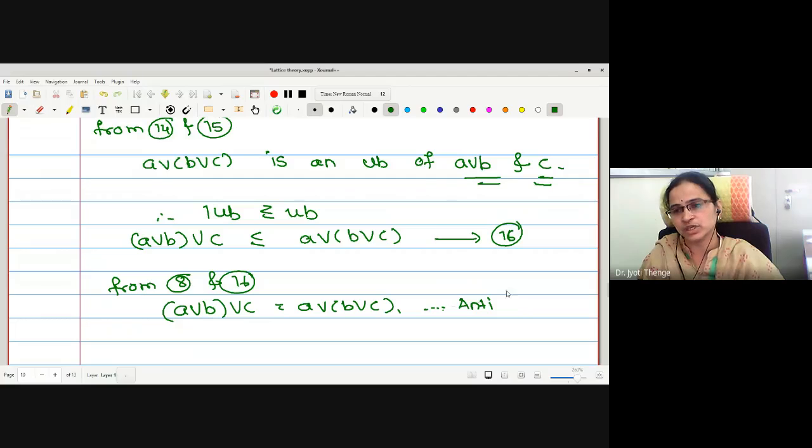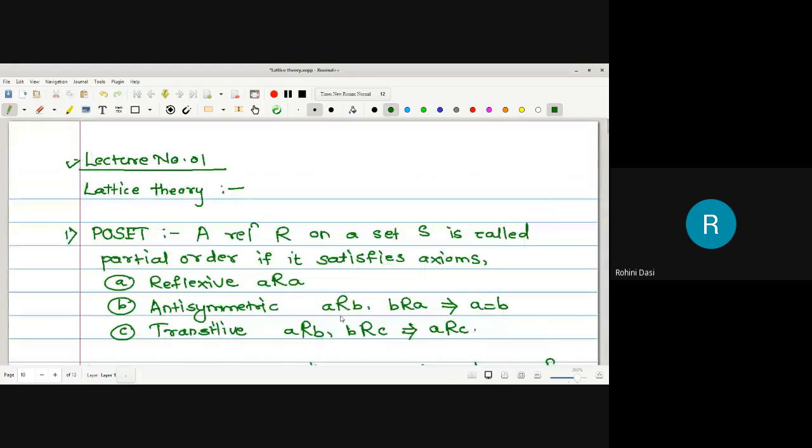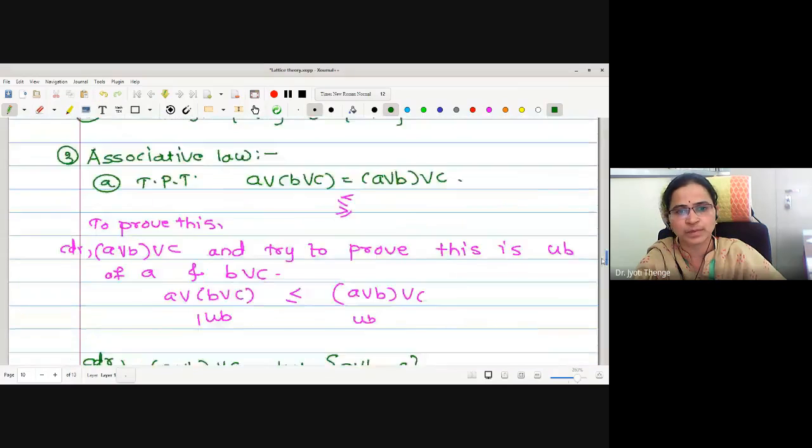A related to B, B related to A, which property? Antisymmetry, no? Yes or no? Yes, ma'am. A related to B, B related to A implies A is equal to B. This property we have used.